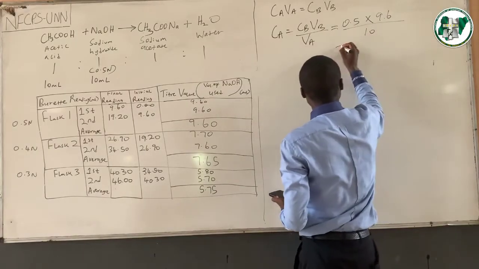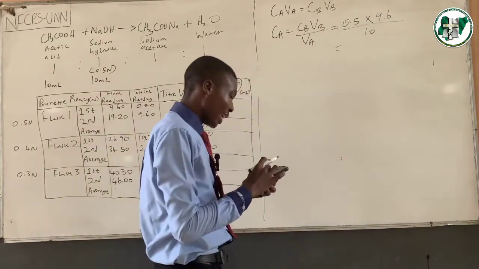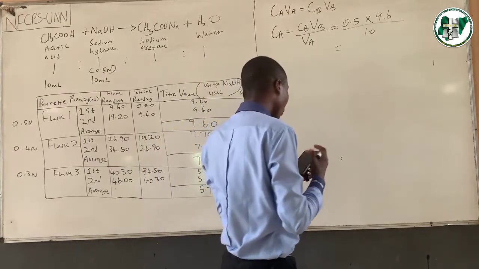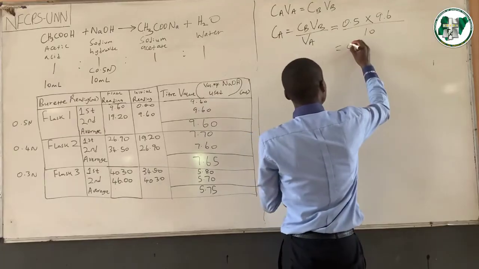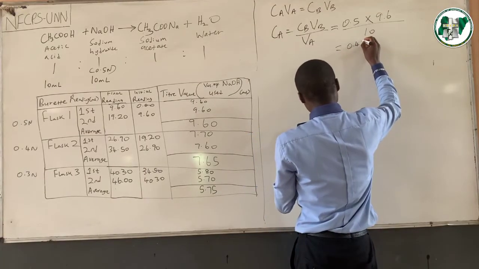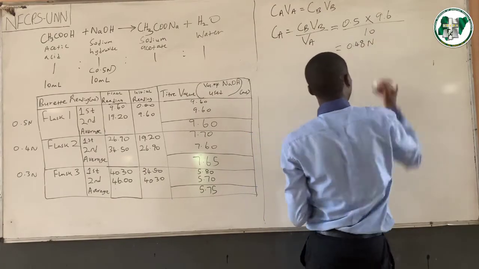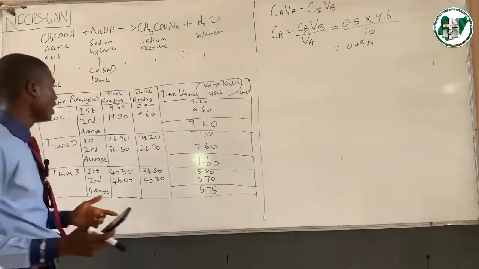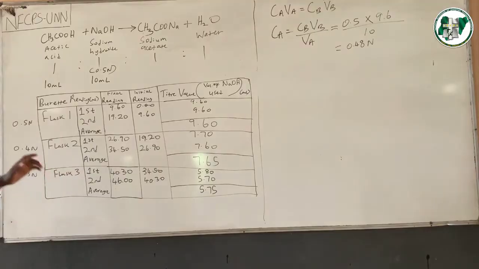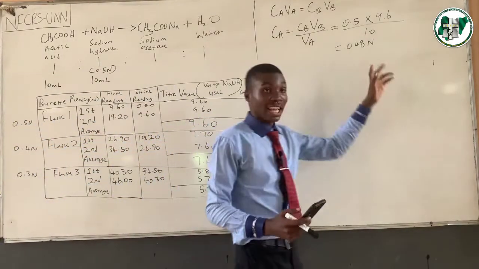If you put this in your calculator, the concentration of the acid in the first flask is going to be 0.48 normal. So it simply means that after adsorption in 5 minutes, the concentration in flask 1 has reduced from 0.5 normal to 0.48 normal.